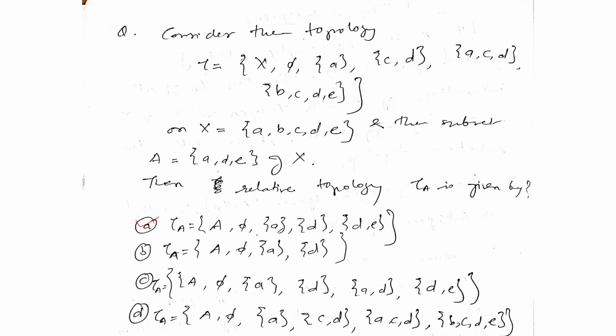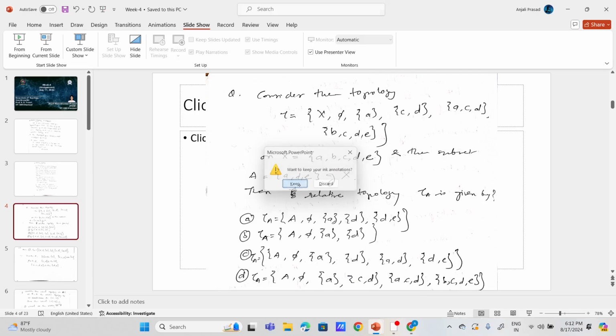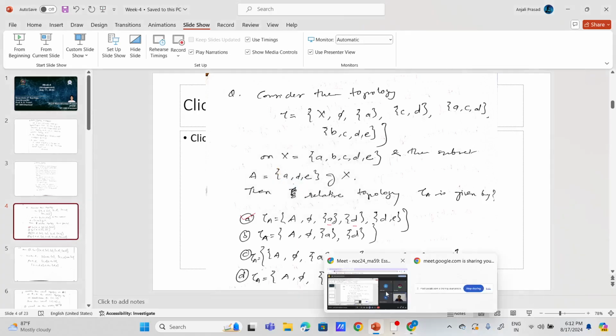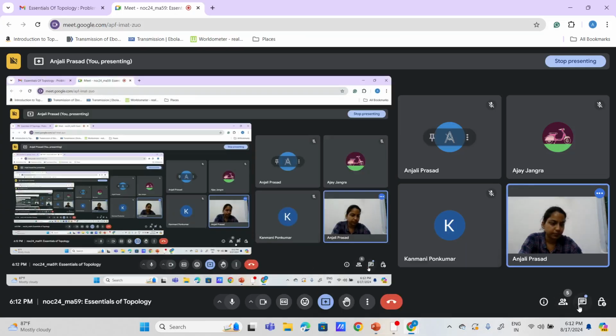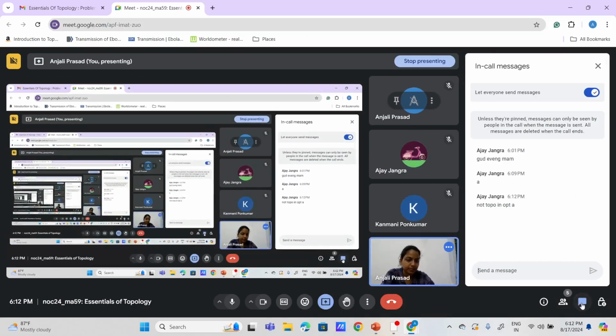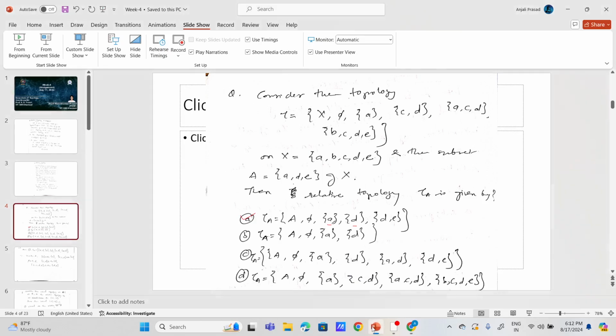Because see here there is singleton A, singleton D, but its union is not there, na? Yes. Option A cannot be correct. So check other options. Which one will be the correct one?